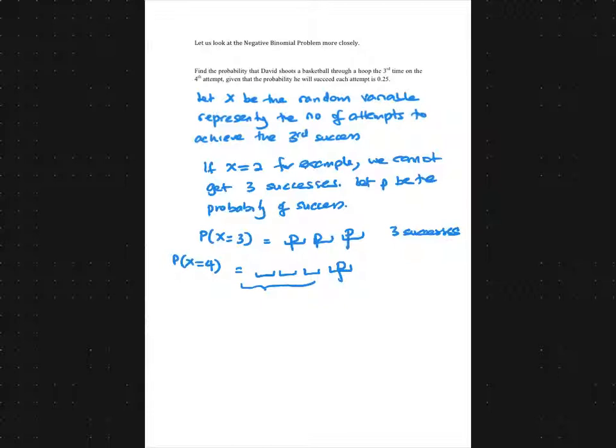So we have 3C2 ways of getting 2 successes, which is simply a binomial. And the probability is given by 3C2 p squared q times p.